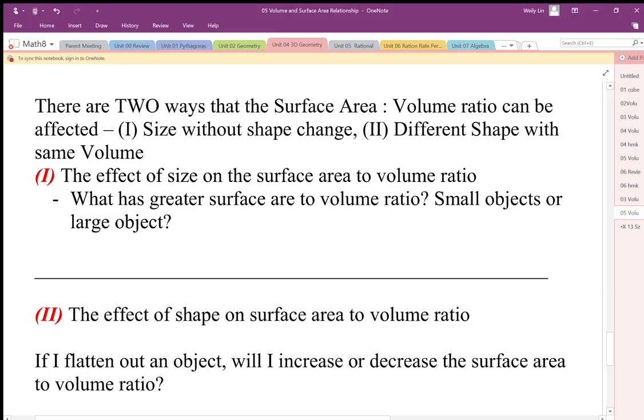As we increase the size of the object, there's less surface for each piece of volume. So small objects have a greater surface area to volume ratio, and large objects have a smaller surface area to volume ratio. So what has greater surface area to volume ratio? Small objects.